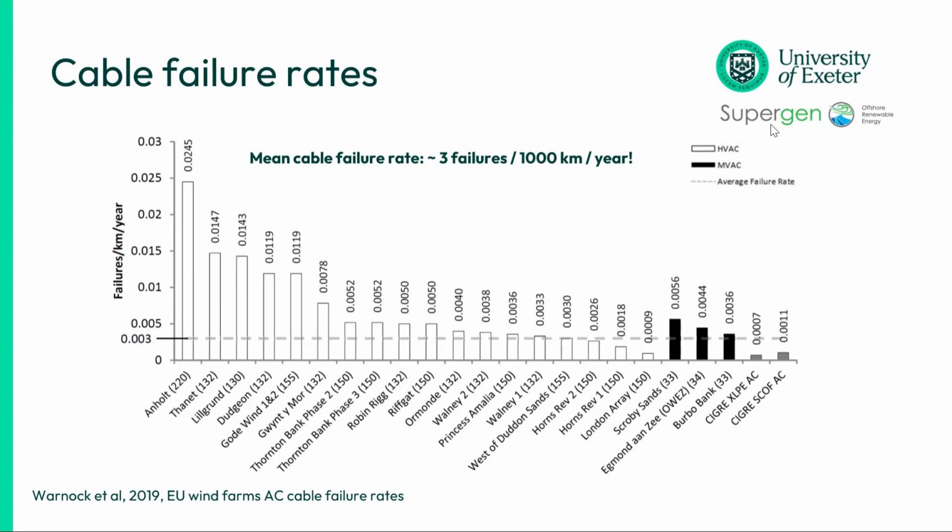Some are above and some below the average, but the average failure rate comes in at about 3 failures for every 1,000 kilometers of cable per year, which is quite high, really. And that's for fixed installations, so we're not even out at floating wind with very dynamic configurations. So it's really the cost of those failures.